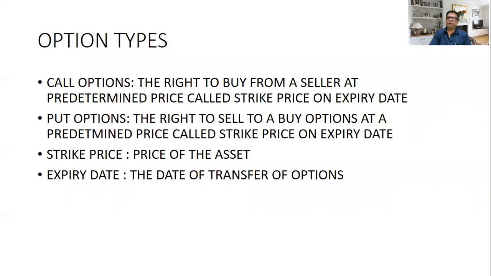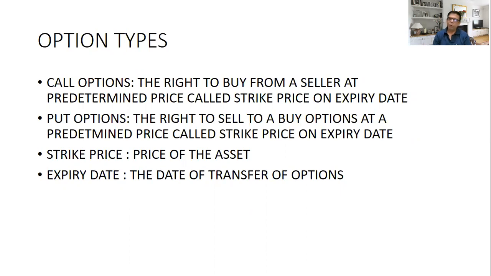Now, to explain in simple terms, options are nothing but a derivative instrument. It's a kind of instrument which is traded on the stock market, and options can be for stocks like Reliance, Hindustan Lever, or indexes like Bank Nifty.